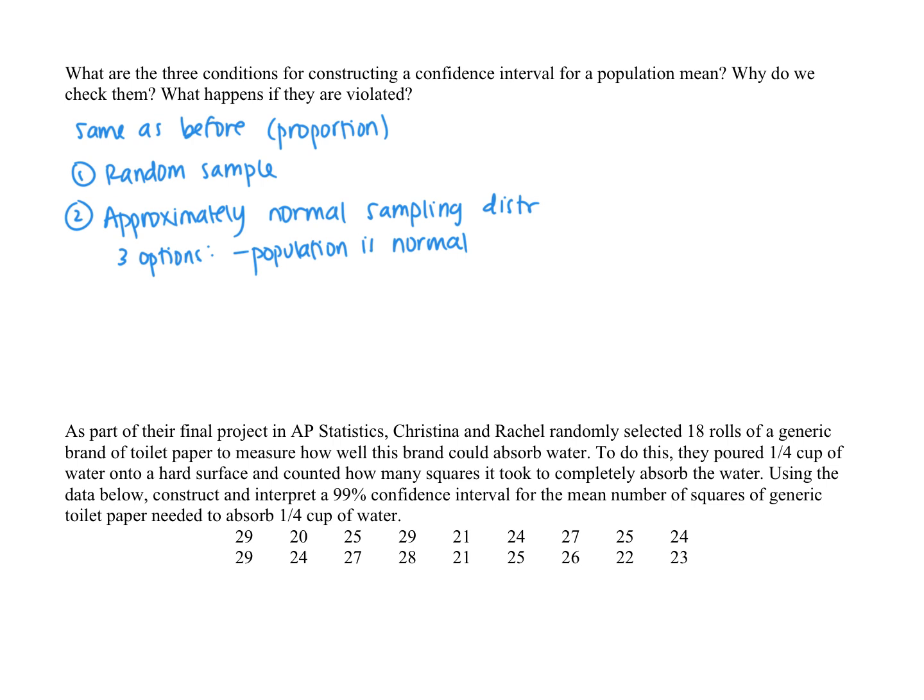What is the other way to check that the sampling distribution is normal? You had this on your test. Greater than 30. What is that called? Central limit theorem.